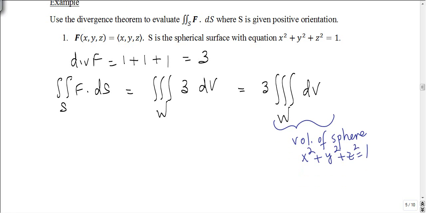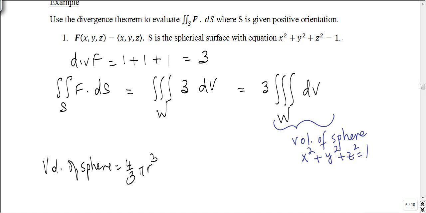What is the volume of a sphere? Do you remember the formula? 4/3 pi r cubed. You see? So I would not have integrated this. If you can recognize that, just do that.